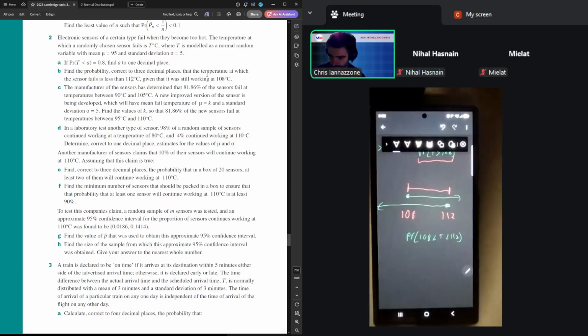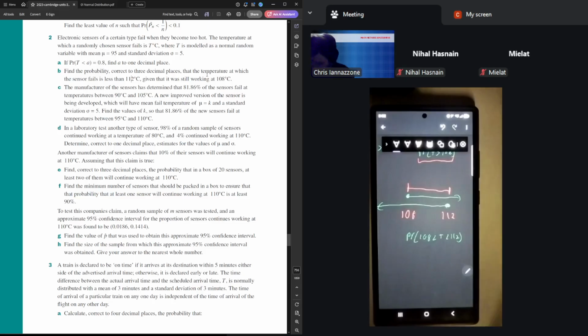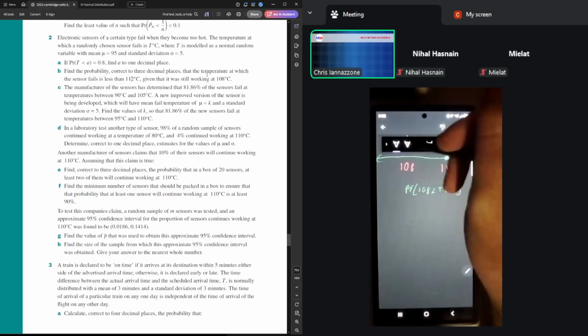Does anyone have an idea on at least how you might go about starting this? The key thing to watch out for is that we're trying to solve the mean. I'm guessing formulas. The Z formula that has the standard deviation and the mean. Yes, that's the one we're going to be using.